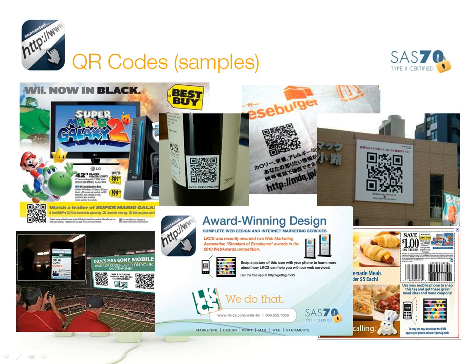They even had it on the Jumbotron there, so you can see that there, and you can see the result of where it took you on the phone. LKCS has used it. This is an example of Microsoft's solution, but this is one we've used in one of our ads in a magazine for some awards we received for our website design and development. Coupons, there's all sorts of different solutions for using that.